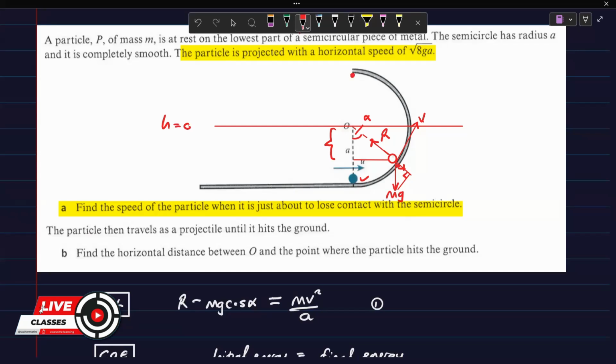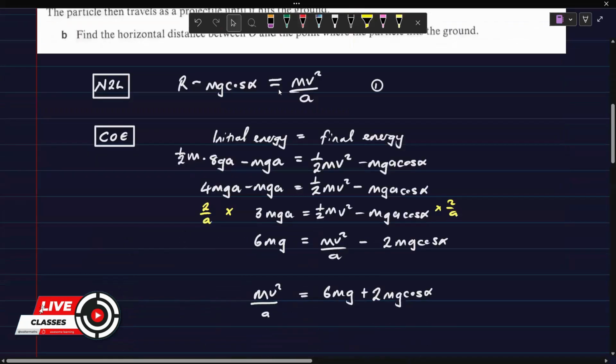And at this point, the value of the angle alpha will actually be equal to 180 degrees, because alpha is the angle that the radius drawn from the particle moving in the circular path makes with the downward vertical. So when it is at this particular point, alpha will have a value of 180 degrees.